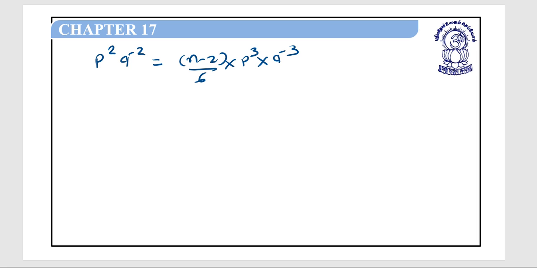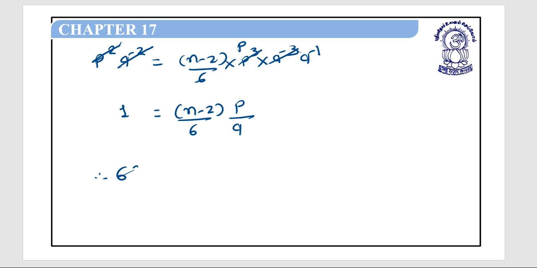So here p only, q raised to minus 1. So we can write it as n minus 2 p upon q upon 6.